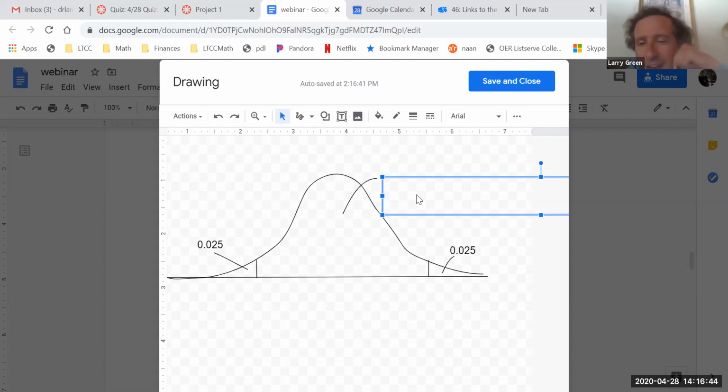So if you look at the left and the right and add those up, what is 0.025 plus 0.025? Okay, so 0.025 plus 0.025 is 0.05. Is that clear? The full area is 1, so what is 1 minus 0.05?